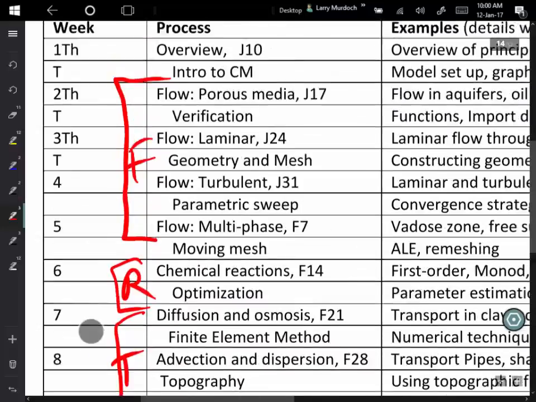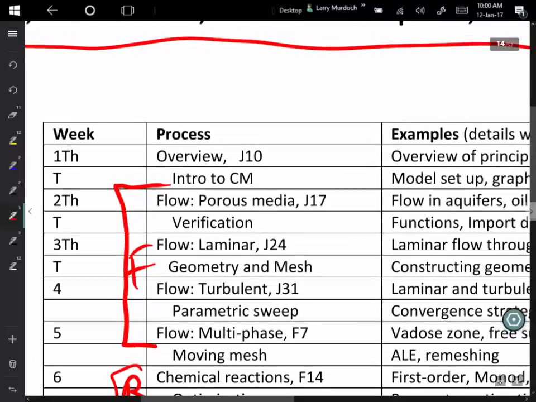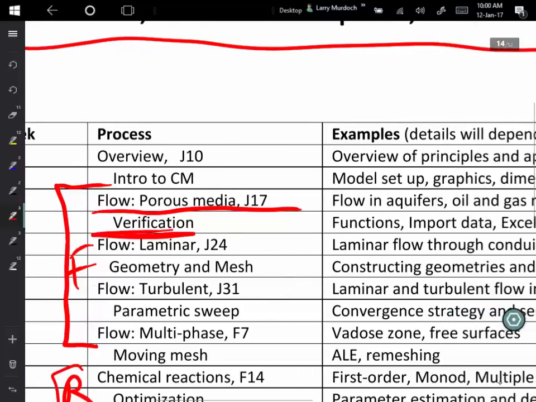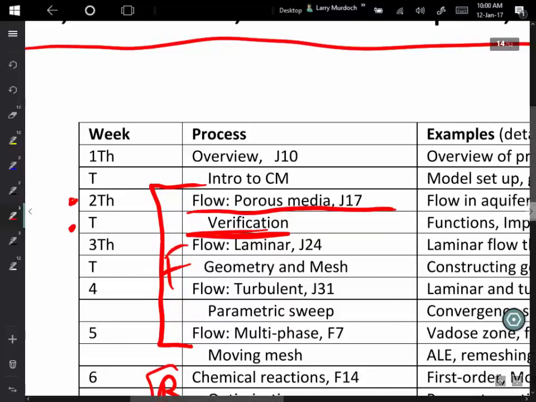Okay, so the way this is set up, here's the Thursday and here's the Tuesday. For next Thursday, we're going to have a lecture on flow through porous media, and then there'll be a problem that involves setting up analysis of that, and we'll do some verification. And then the next week it's flow laminar.